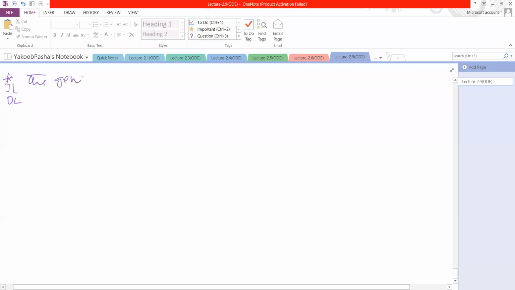The general solution of x square p square plus 3xyp plus 2y square is equal to 0, where p equal to dy by dx. It is a quadratic equation in p, so we can factor it.